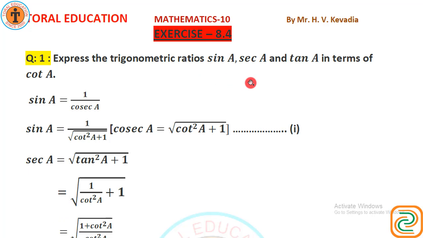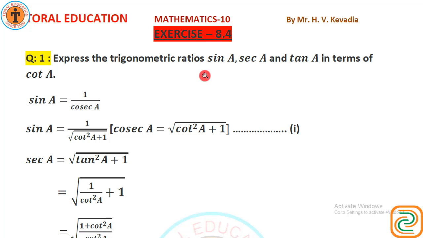There are 6 trigonometric ratios you know: sin, cos, tan, sec, cosec and cot. Now look here. Express the trigonometric ratios sin A, sec A and tan A in terms of cot A. Now friends, remember the formulas which I gave you earlier.